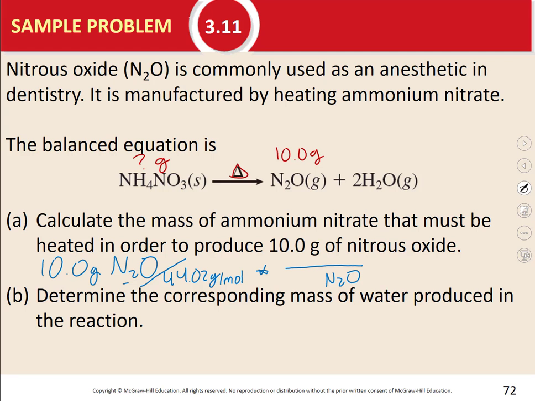What I want. I want what? Good. Ammonium nitrate, NH4NO3. What is this ratio? 1 to 1. That makes our math easier.